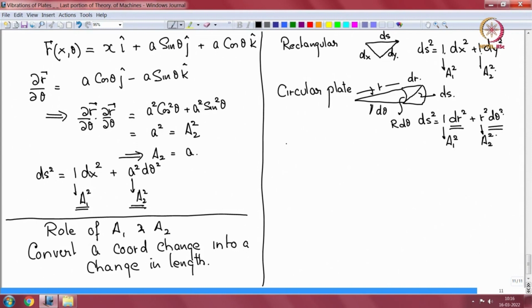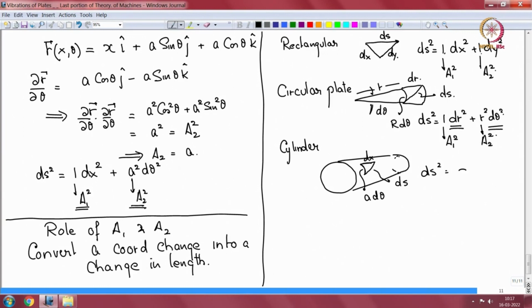Similarly for the cylinder, if I take a cylinder, and then we have a differential element this way, a differential length that way, and this is my ds, then ds squared is equal to this length, which is a d theta, and dx.